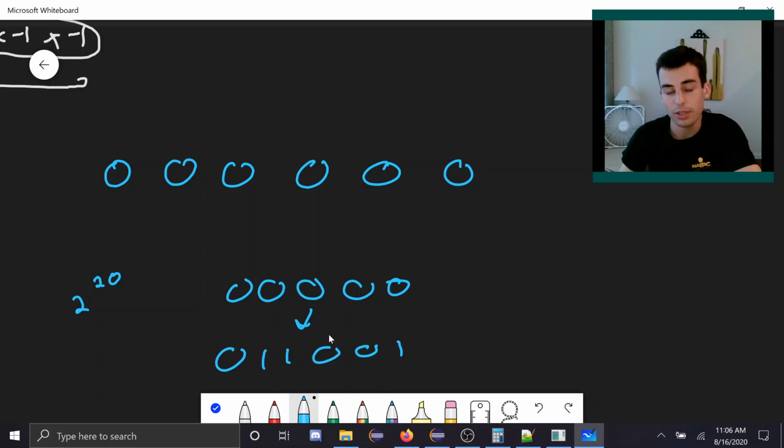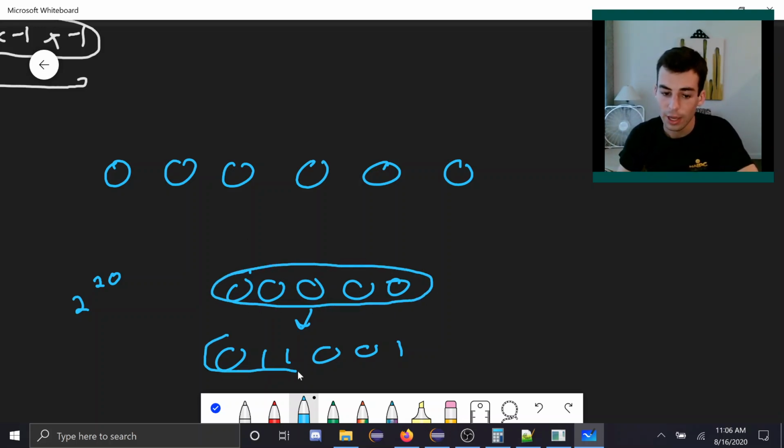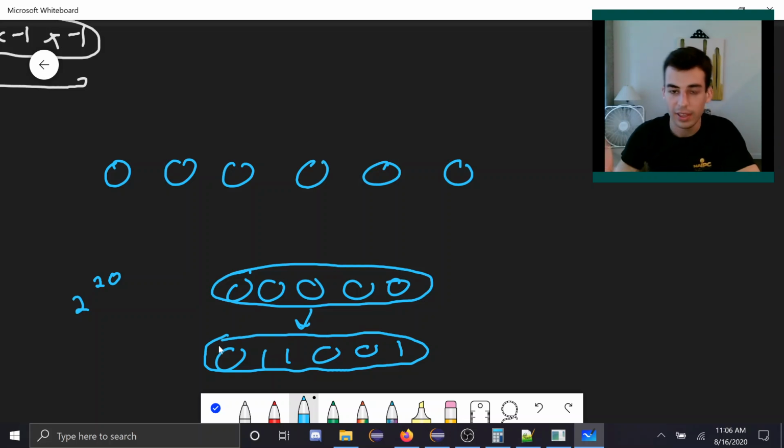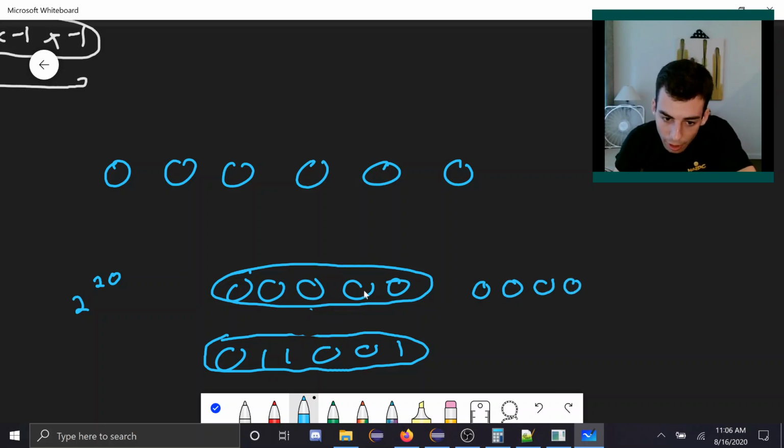The distance between these 2 numbers: let's say we make a graph where each node is some binary number, and there's an edge between two nodes if they differ by 1 bit. In this case, we wouldn't have an edge between these 2 directly. We would have an edge to something else, right? So maybe we have an edge to 0, 0, 0, 0. These aren't even the same number of bits.